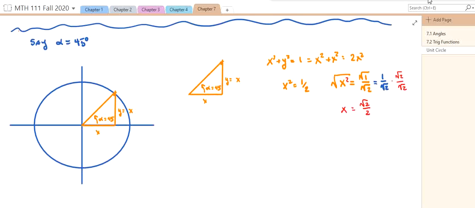So the square root of 2 over 2 is the same thing as 1 over square root of 2. It's just written differently. Well, we said y is the same, so y also equals the square root of 2 over 2. So here's the coordinate then for this point, square root of 2 over 2, square root of 2 over 2.